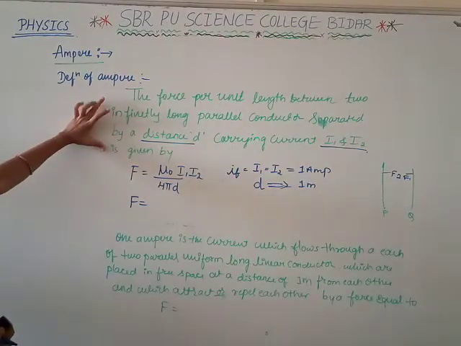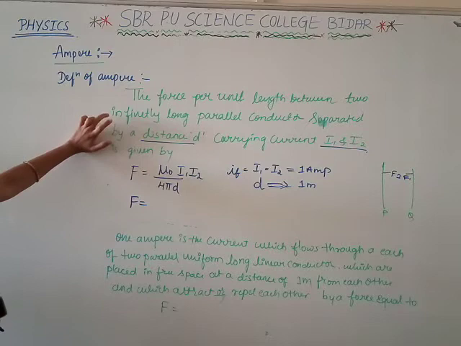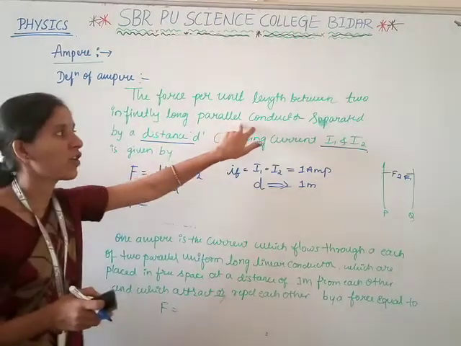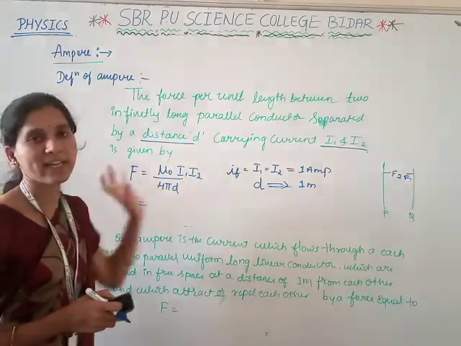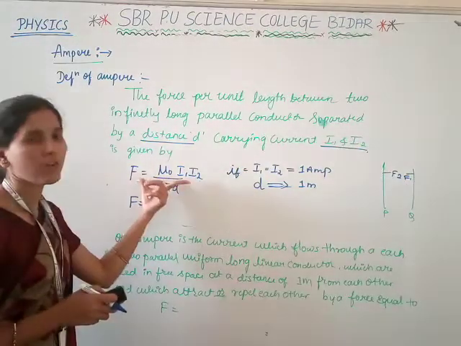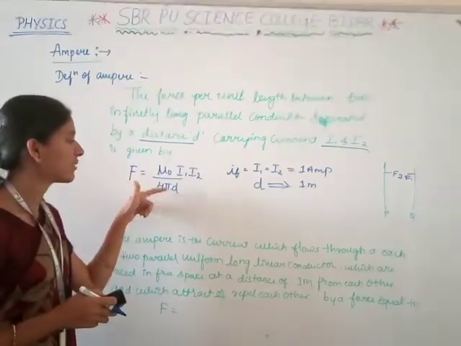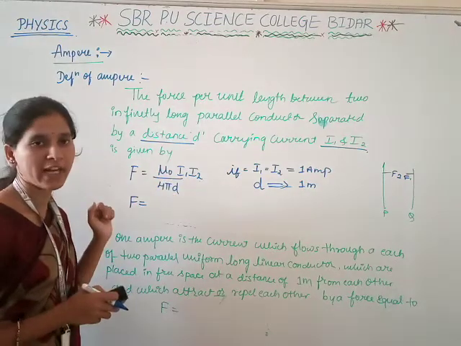As the definition says, the force per unit length between two infinitely long parallel conductors separated by a distance d carrying currents I1 and I2 is given by F equals mu naught divided by 4 pi d into I1 into I2.